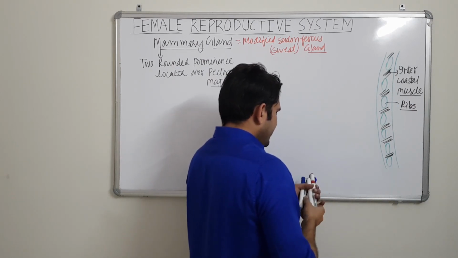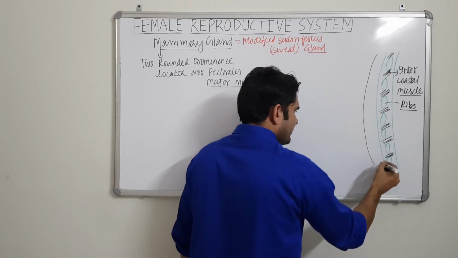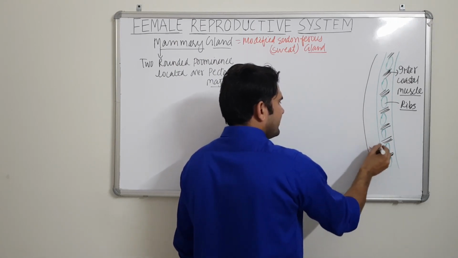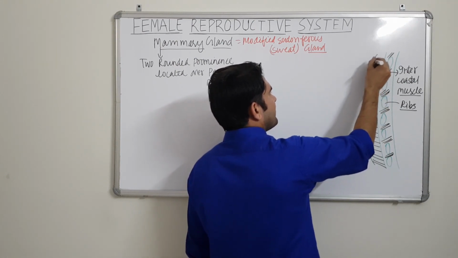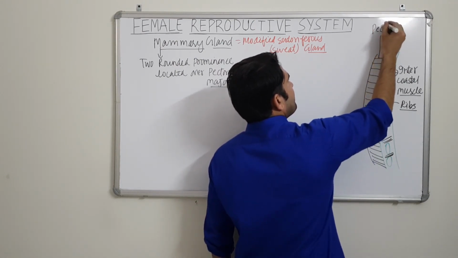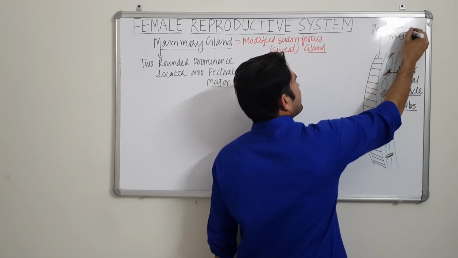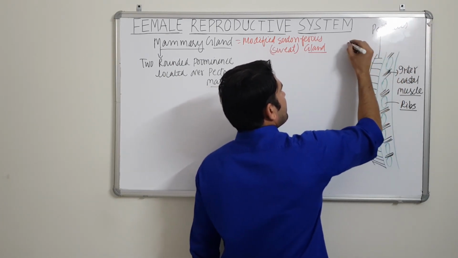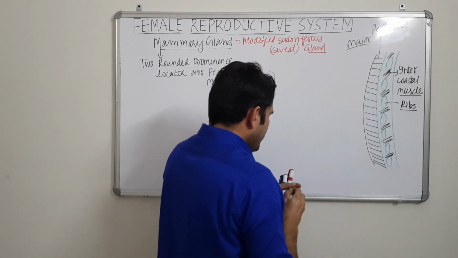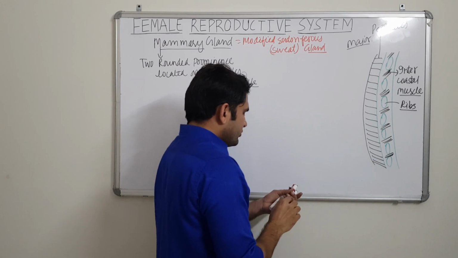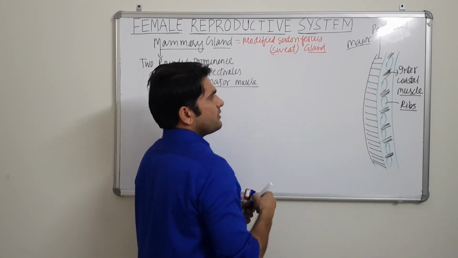this area here is pectoralis major muscle. And from pectoralis major muscle arise two round prominences. I am making one round prominence here, the other structure would be like this.